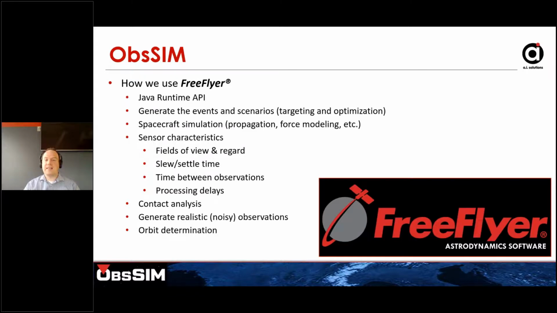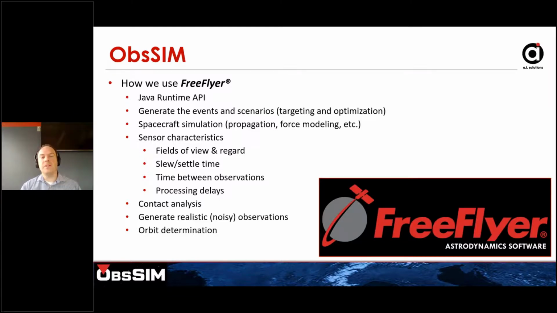We perform contact analysis. So we take the models of the spacecraft and the sensors, as well as the truth data from those events and scenarios, and we see when a satellite will be in contact with a sensor. And then we can plan simulated observations, the realistic noise simulated observations, and generate all of those using FreeFlyer.